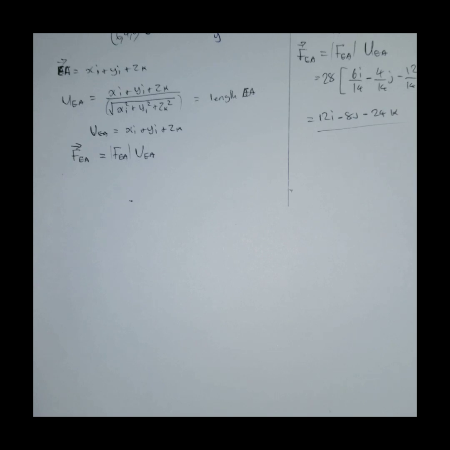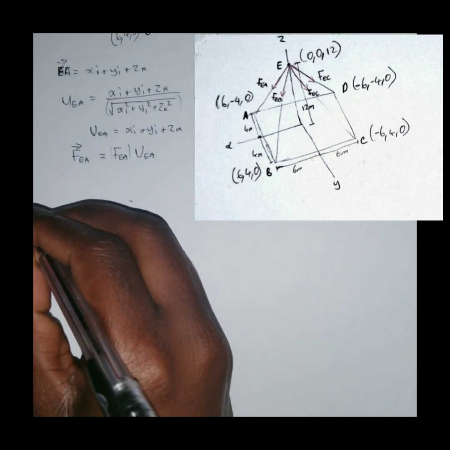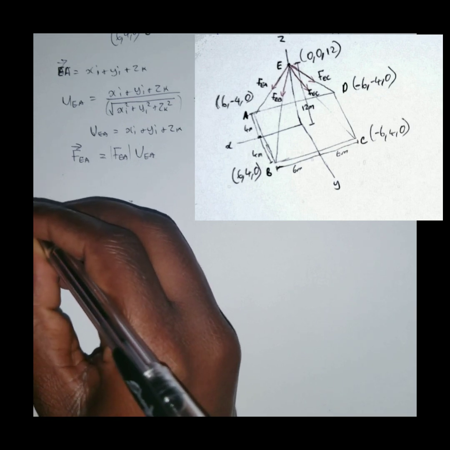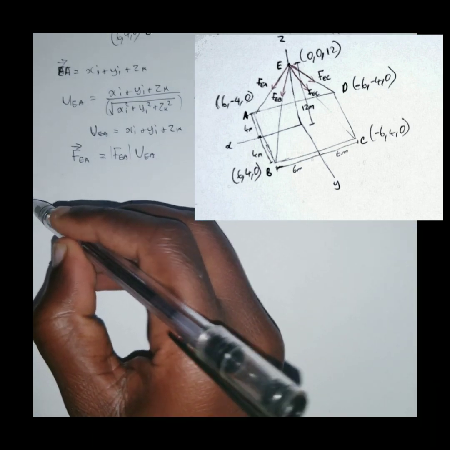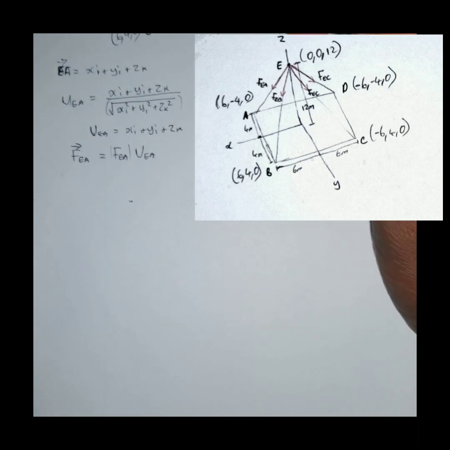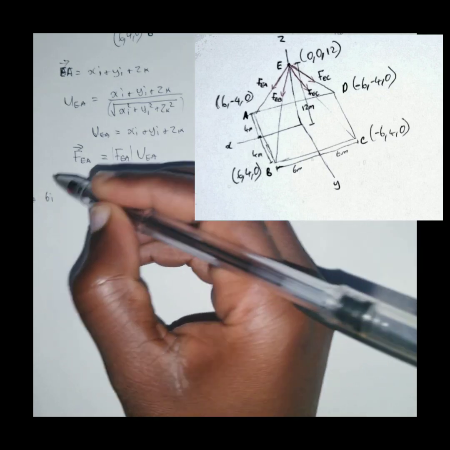We're going to say for FEB, working with this coordinate and the coordinate at A and B, our position vector would be EB. So EB, we're subtracting the coordinates of E from the coordinates at B. So if you notice directly, you can see that we're subtracting 6 minus 0 for the i direction, which gives us 6i.